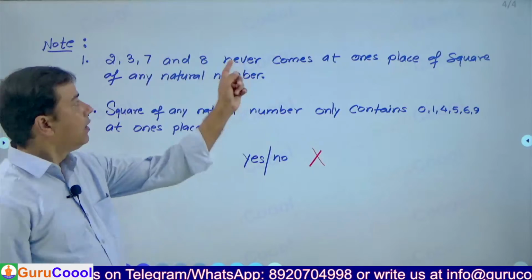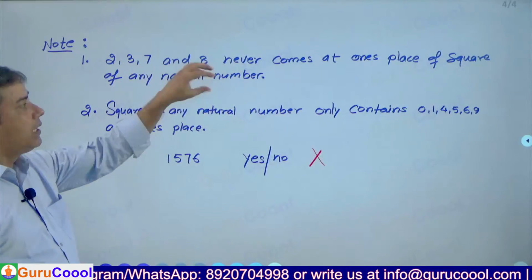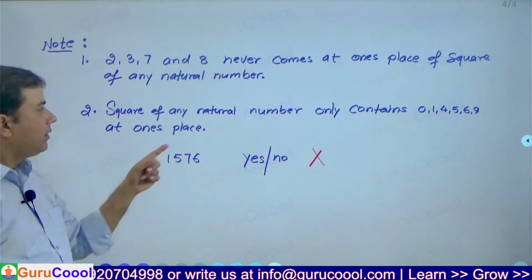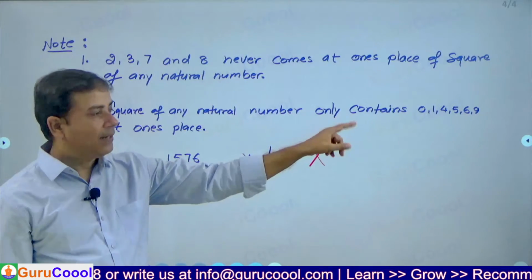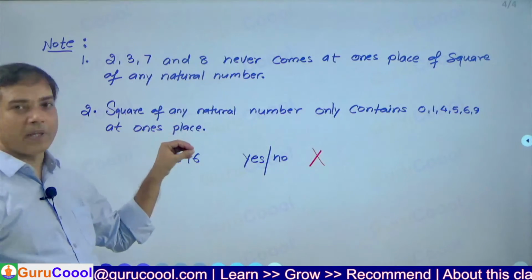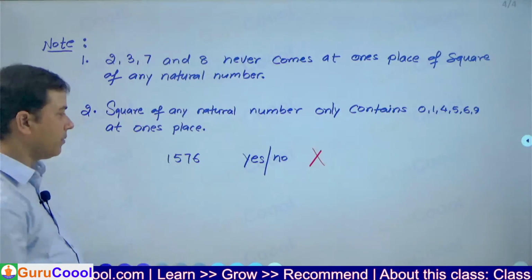Notice 2, 3, 7, 8 never come, that is guaranteed. But it is telling 0, 1, 4, 5, 6, 9 come at the units place of a square of any number.